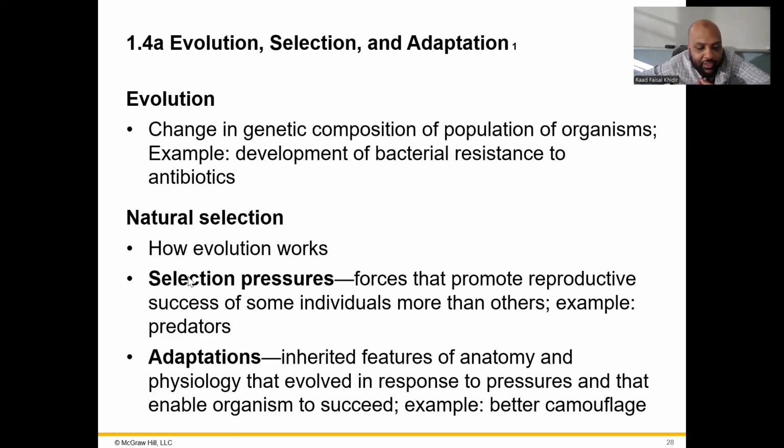So adaptations are inherited features of anatomy and physiology that evolved in response to pressures and that enabled the organism to succeed. So if the lizard can better camouflage to the jungle, then that will make it hide better.